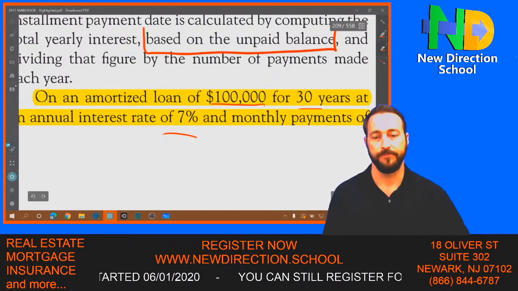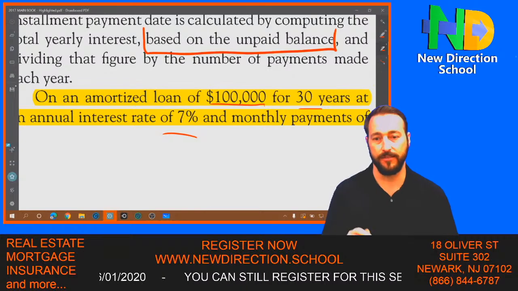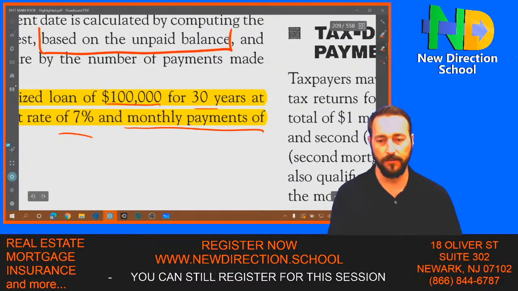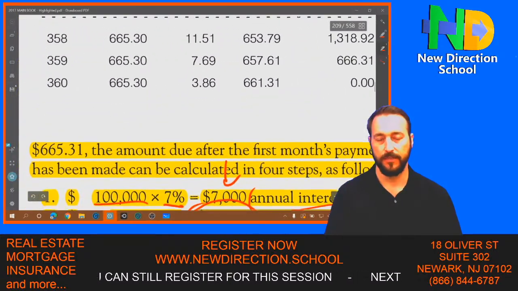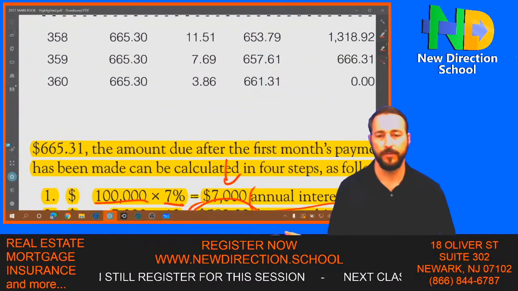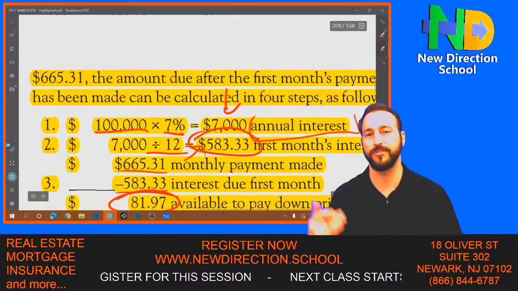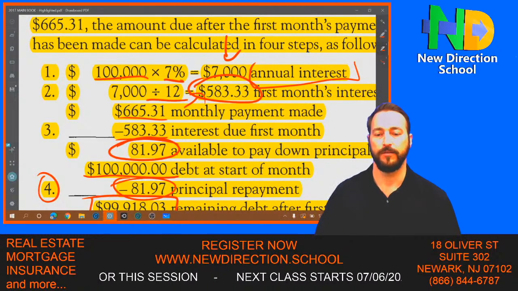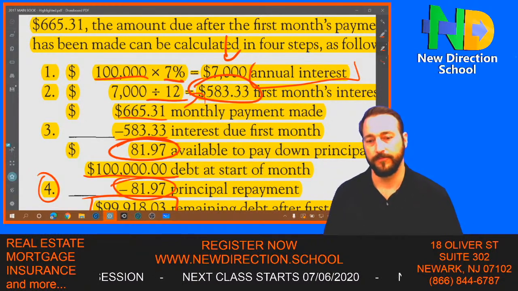Boom, right there. And then they told you that the monthly payments are $665.31. So in this particular question, they provided you with all the information because their concern is not how much is the monthly payment. Their concern was one of these four. So in the question, you had the payment. Good.